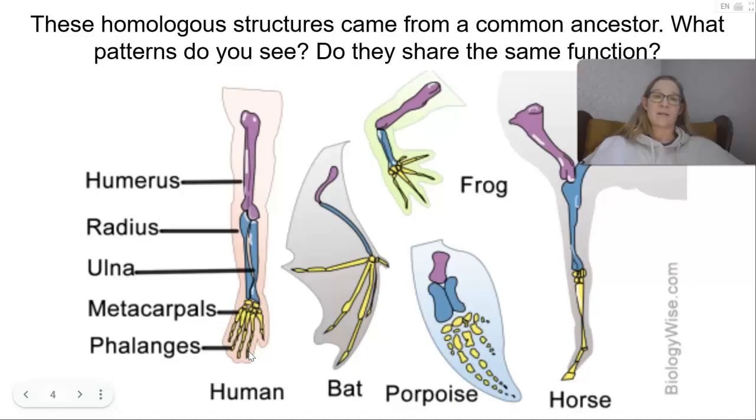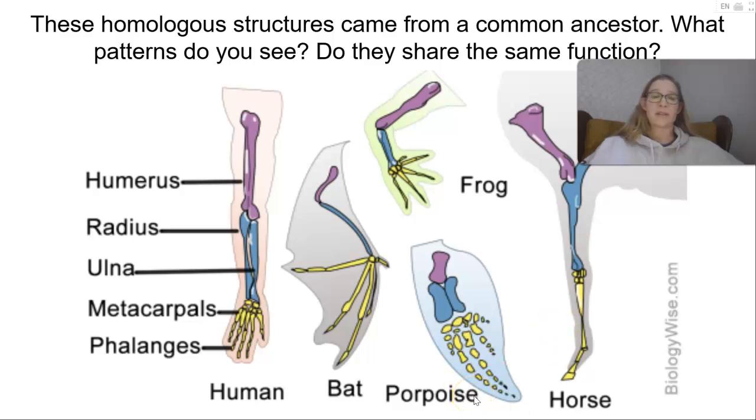But they all share homologous structures, and that is the lineup of their bones goes from the humerus. Okay, each of these is the humerus, and next we have the radius and the ulna. Okay, these are also shared in the different organisms. Right, we go from one humerus to two bones here, the radius and the ulna, and then our hands, or the bat wings, or the porpoise fins, end up with a lot of different bones in the hands or the hoof.